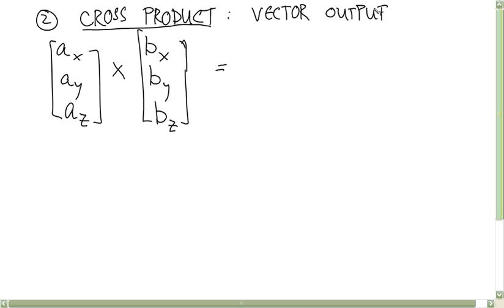And that vector looks like this: ay bz minus by az.